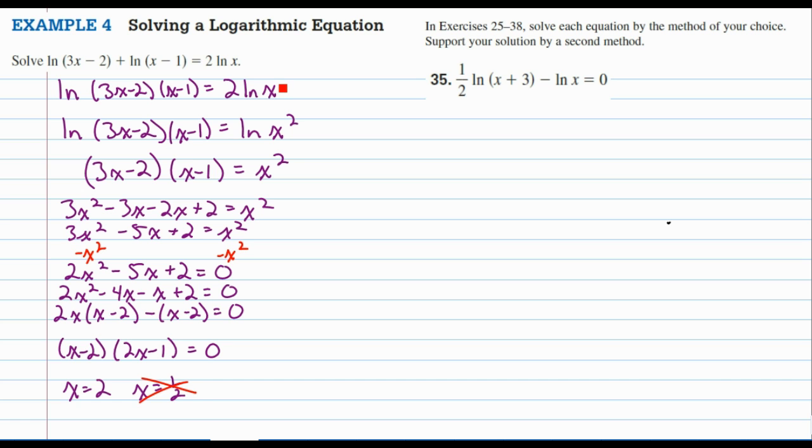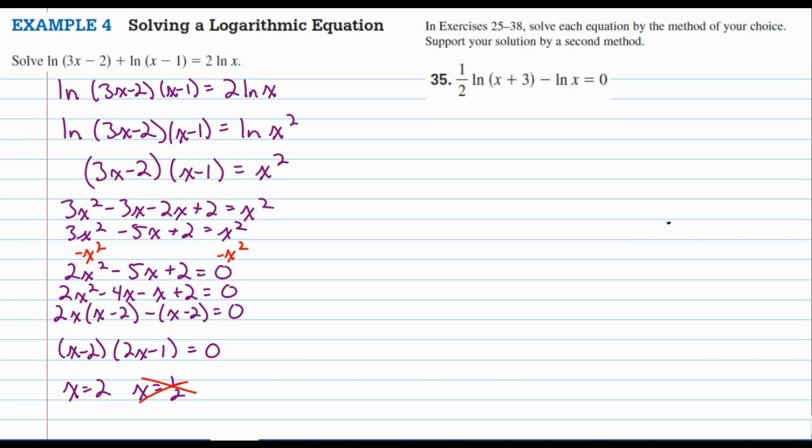So unlike the example before, when we couldn't take an exponent and drop it down as a coefficient because it would eliminate an answer, now that we did the reverse, we added an extra answer, an extraneous answer. So x equals 2 is the only solution we have.